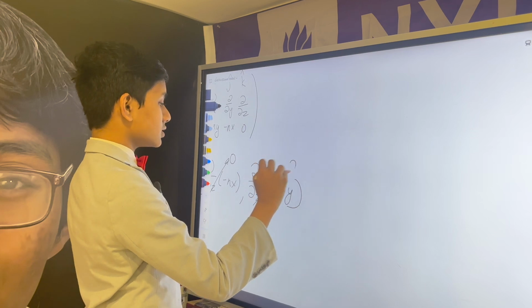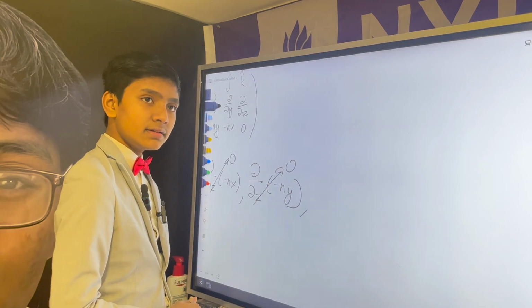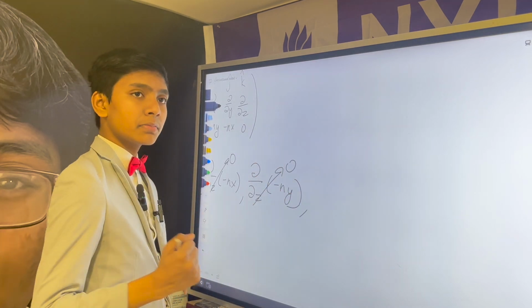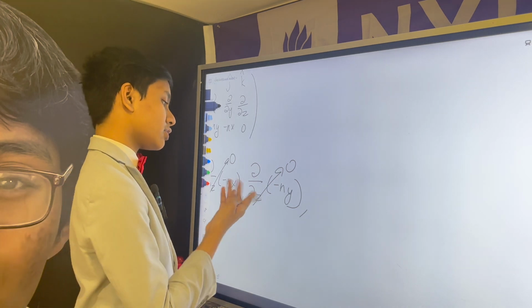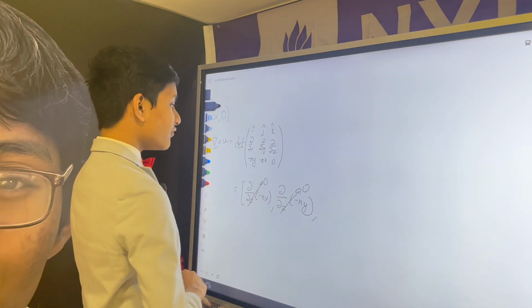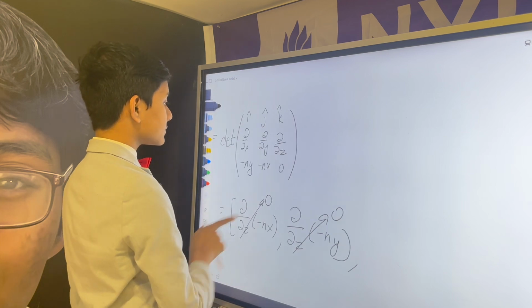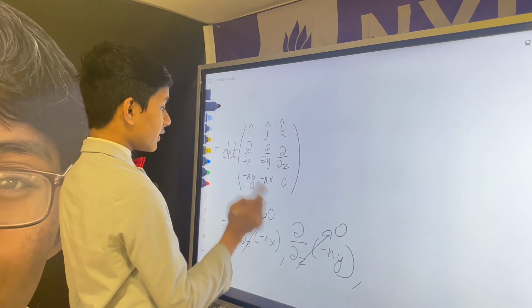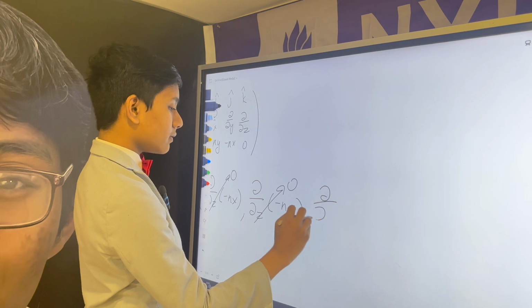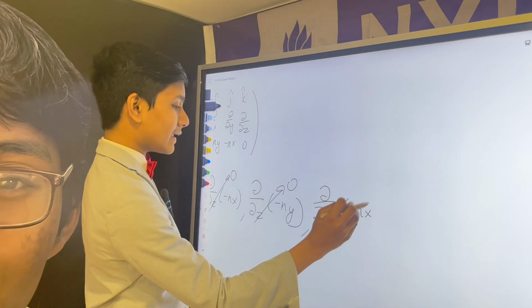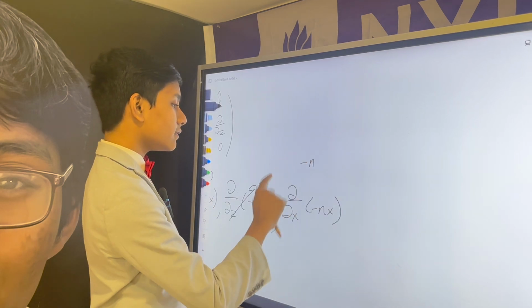So this also goes to 0, since we're taking the partial derivative with respect to a variable that isn't even there. And then the final part, we have the partial derivative of minus nx with respect to x, which is minus n.